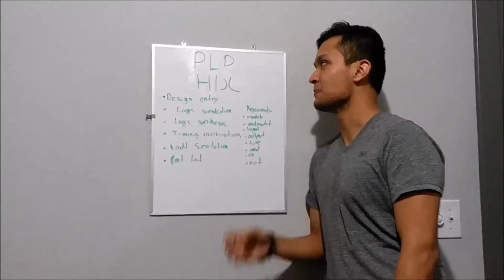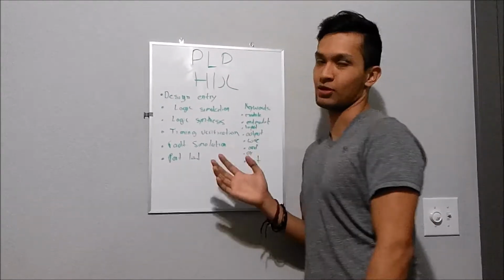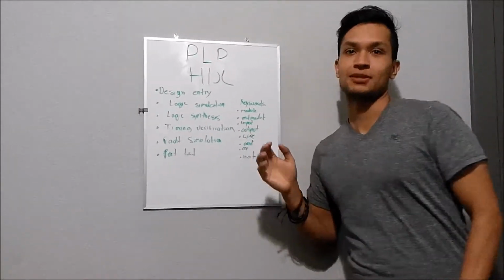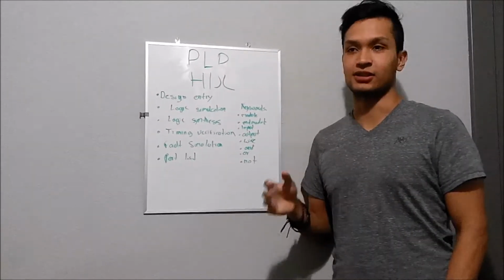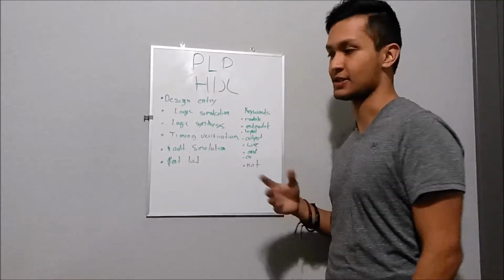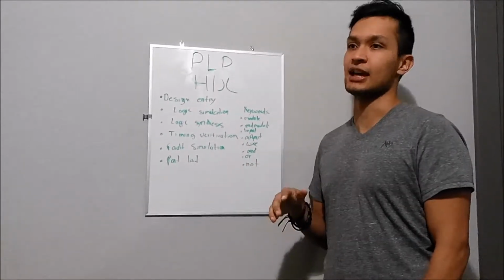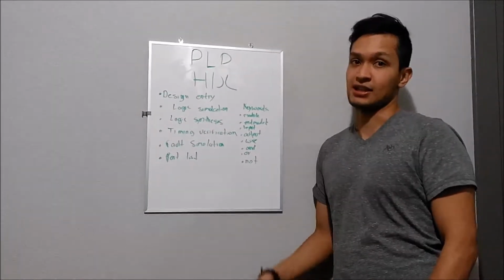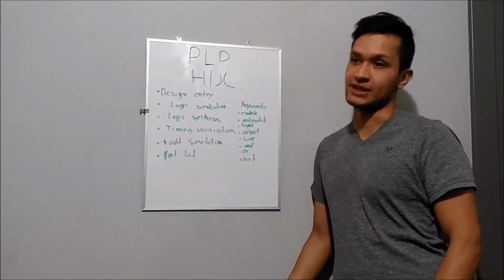I'm going to talk about a PLD, Programmable Logic Device. Well, the programmable logic devices are based on text entry. So that means that it's most likely like a programming language, such as C or C++.